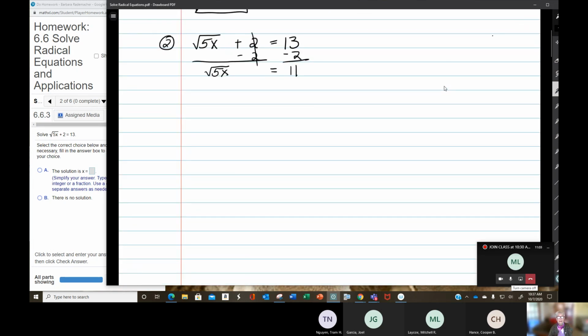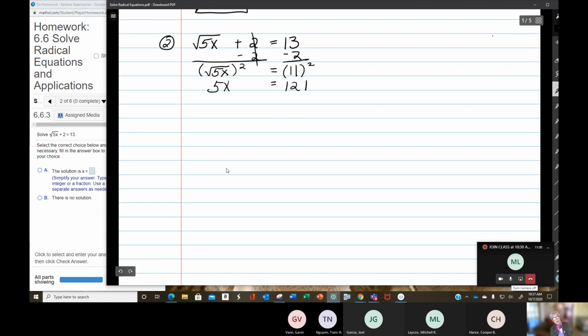I couldn't square both sides until I had that radical all by itself. So now I will square both sides. So 5x, because I squared a square root, I get what's underneath, equals 11 times 11 is 121.